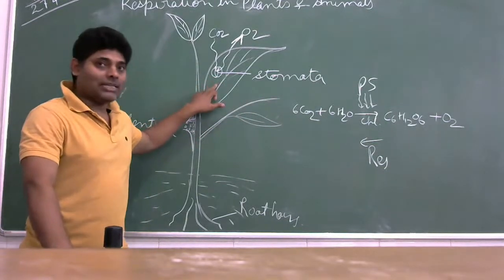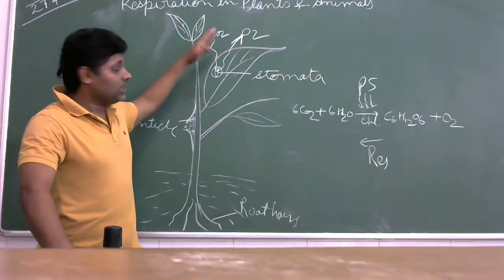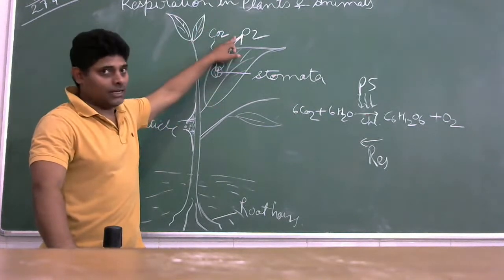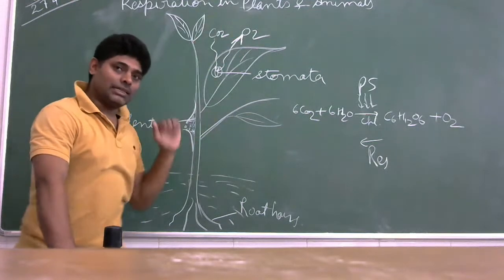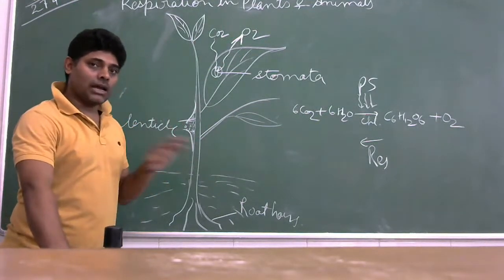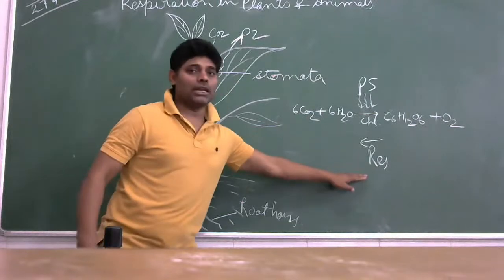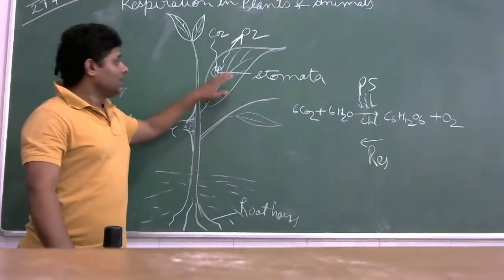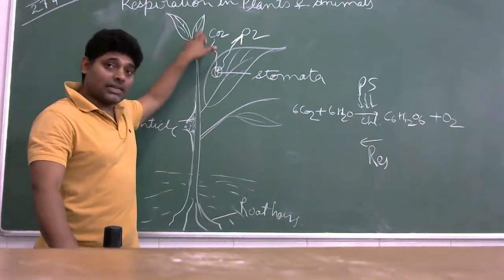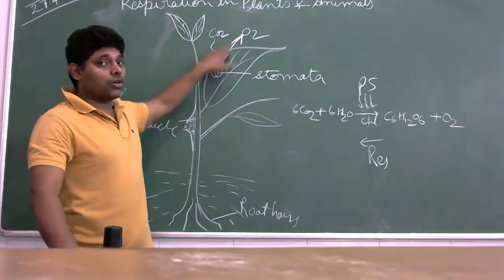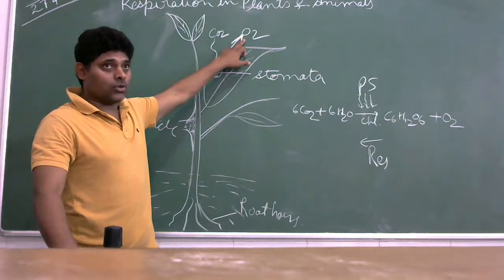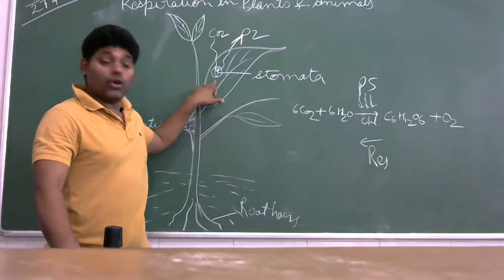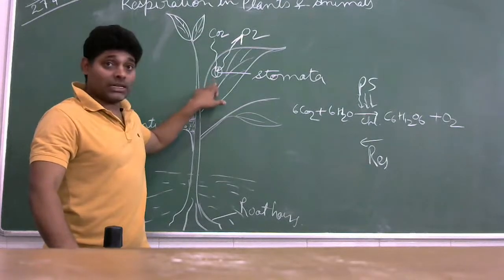So carbon dioxide will not go outside during the day, only oxygen will go out. During the night, photosynthesis will not occur, only respiration will occur. So it will release carbon dioxide into the atmosphere but not oxygen. So the exchange of gases occurs through the stomata.